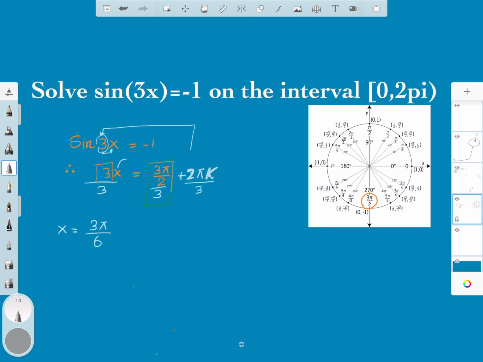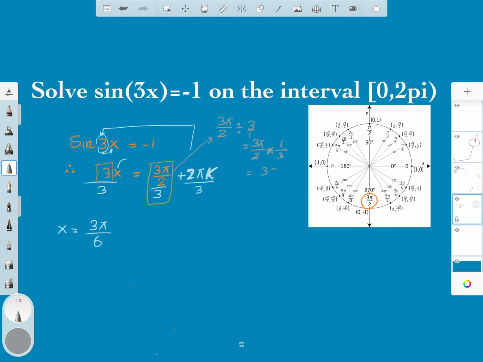3 pi over 2 divided by 3. This is same as 3 pi over 2 multiplied by 1 over 3. So when you're dividing by a fraction, you change it to multiplication and reciprocal.